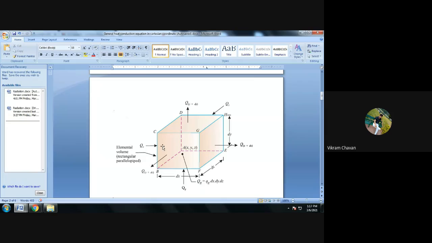This is the positive x direction, qx amount of heat is entering by conduction in that direction. Then qy amount of heat is entering in the positive y direction, and qz amount of heat is entering in the positive z direction.